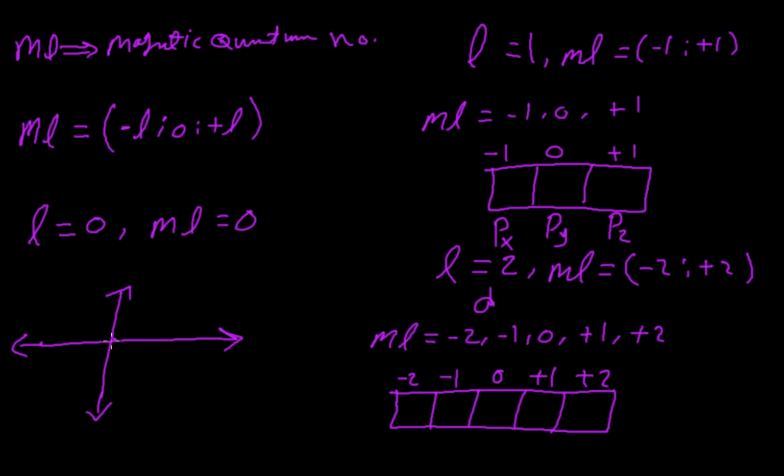You have the px, which is found on the x-axis, and you have the py, like here, and you have the pz. I should first draw the z-axis. That's the z-axis. So you have here your y-axis, x-axis, and z-axis. So now you understand that the magnetic quantum number describes the orientation of the orbitals in the 3 dimensions.